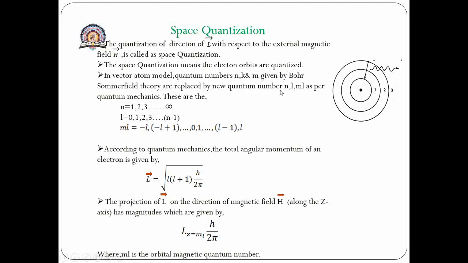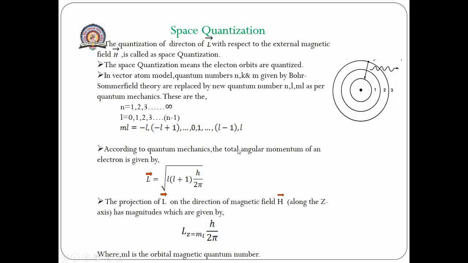Then n, l and ml: n is the principal quantum number with values 1, 2, 3 up to infinity. l is the orbital quantum number with values 0, 1, 2, 3 up to n minus 1, and ml is the orbital magnetic quantum number with values from minus l to plus l.